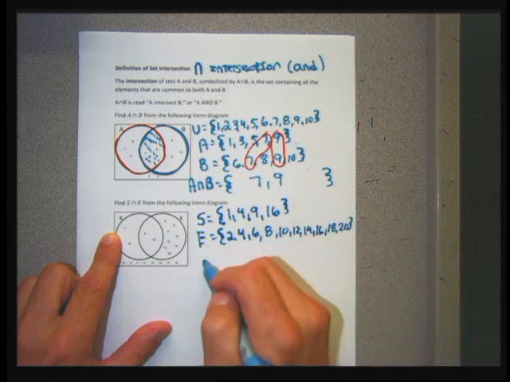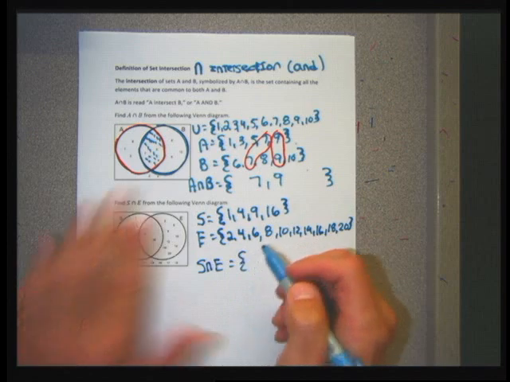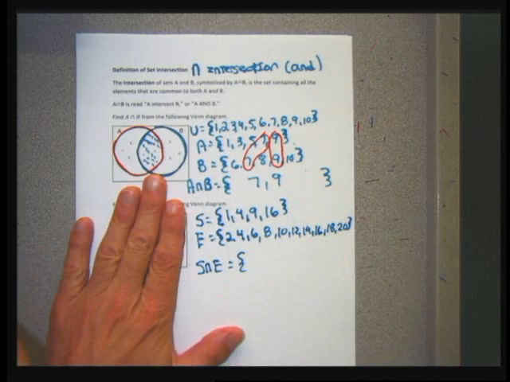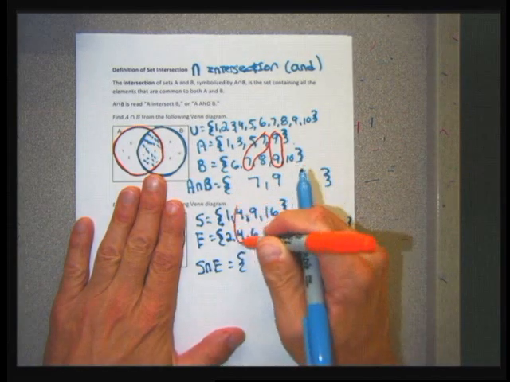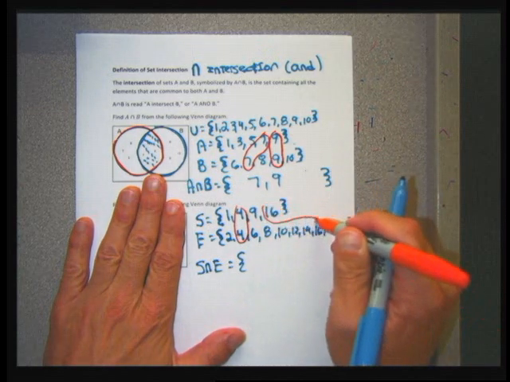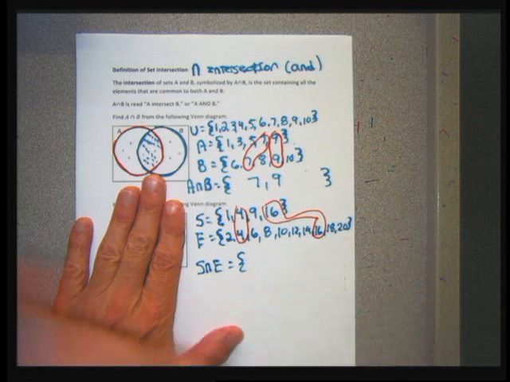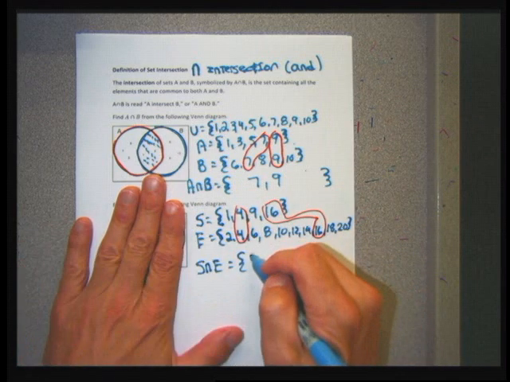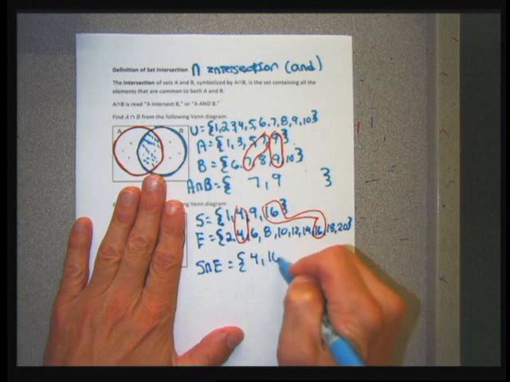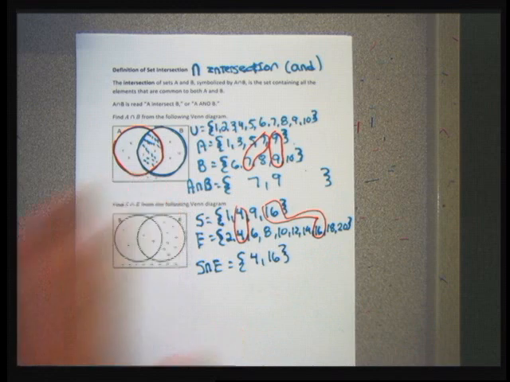If I'm asked to find S intersection E, even if I didn't have a picture, I could find it quickly. I look at the set S and the set E and look to see what they have in common. They both have the number 4, and they both have the number 16. The numbers that the sets have in common make the intersection of the sets. So S intersection E is the numbers 4 and 16.